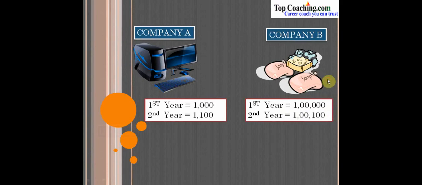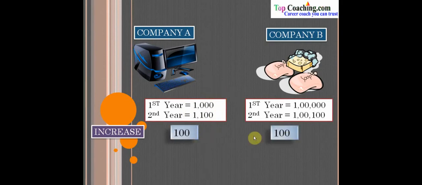Now if we look at the increment, that is the increase in the number of products sold, then for both the companies it is equal to 100. 1100 minus 1000 is equal to 100, and similarly 1 lakh 100 minus 1 lakh is equal to 100. So both these companies have increased their number of products sold by 100.